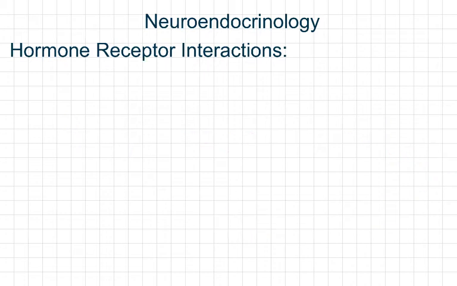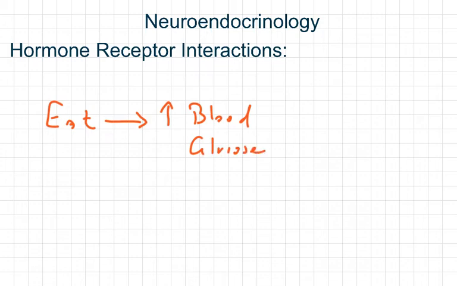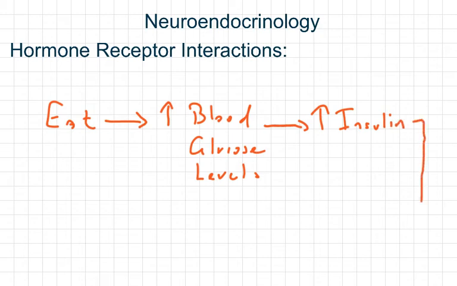When we eat and the food is digested, we have an increase in blood glucose levels. This increase in blood glucose levels signals the body to increase the secretion of insulin from the beta cells. The insulin is released into the bloodstream, and they work on the insulin receptors found on skeletal muscle.